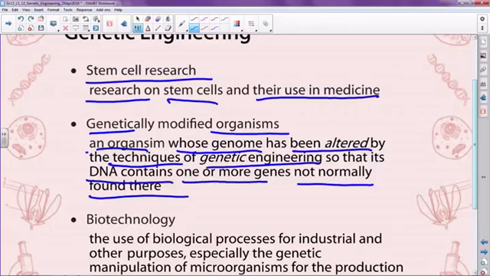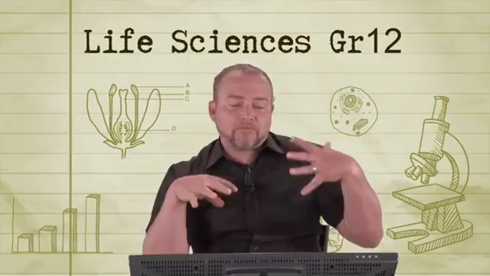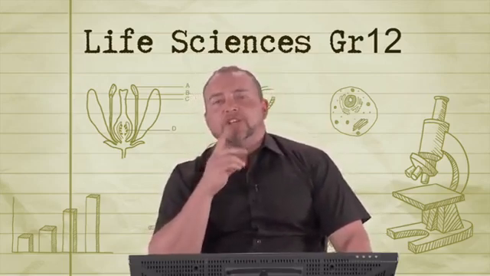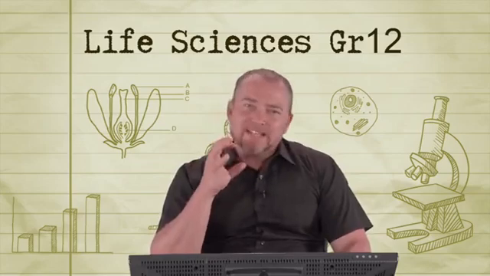So for example, one of our genetically modified organisms, this is a cool one, is insulin. We modify insulin. Now, we take a specific bacteria, and that bacteria is E. coli.